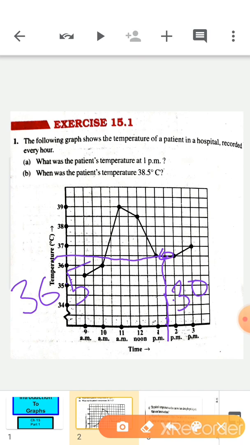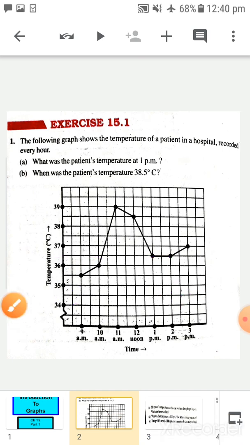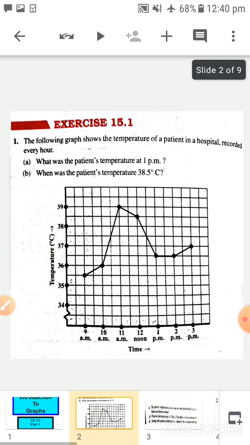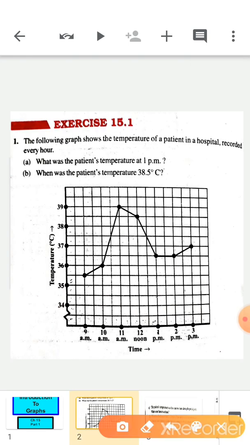Okay, then E part is, during which period did the patient's temperature show an upward trend? So when the patient's temperature is increasing. So if you notice here temperature is 35.5, then here temperature is 36, then here temperature is 39.